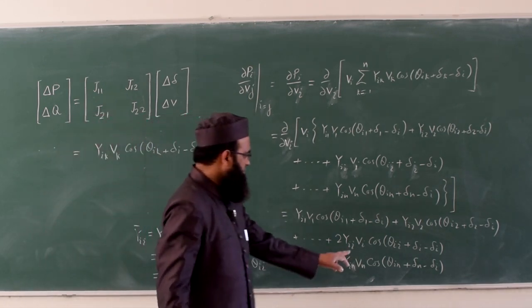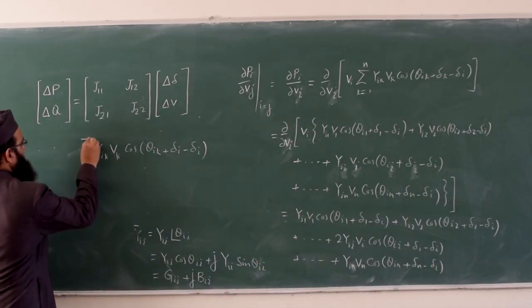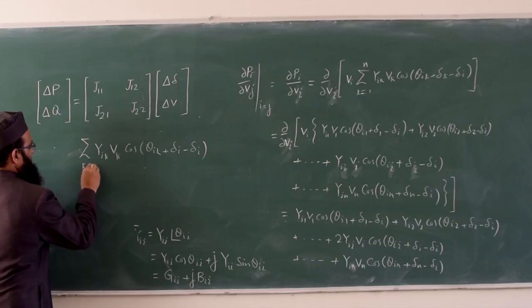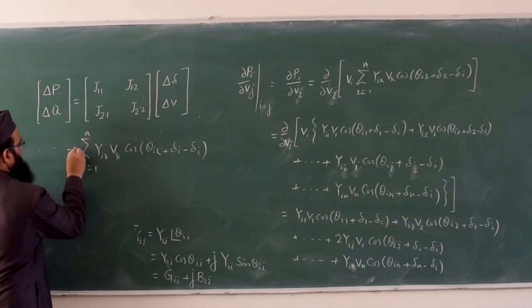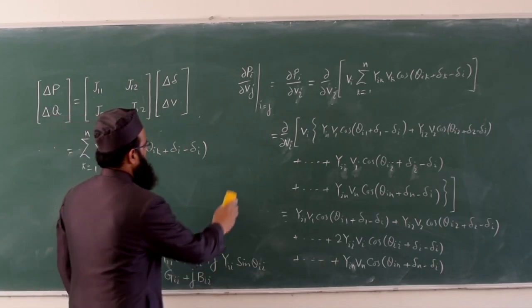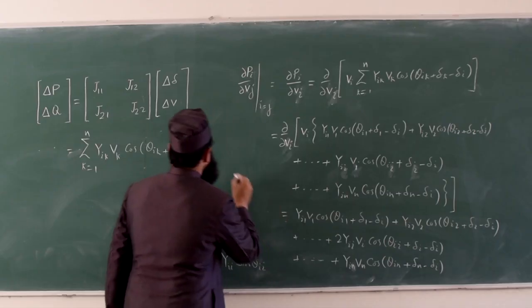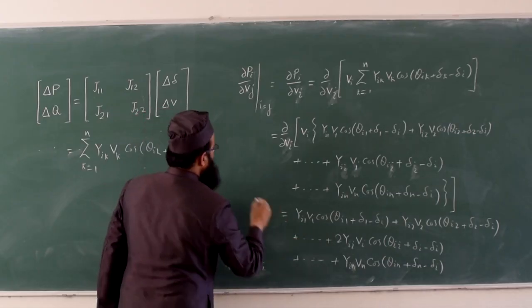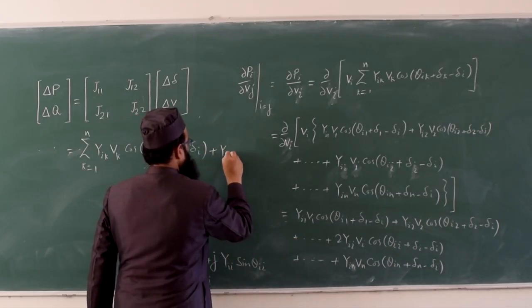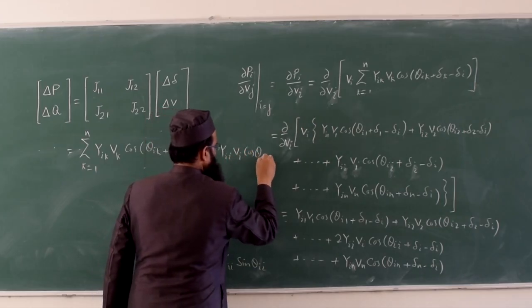We have taken this one term together and one term separately. Take the summation sign, k equal to 1 to n, plus we can write the single term Yii Vi cosine of theta ii.